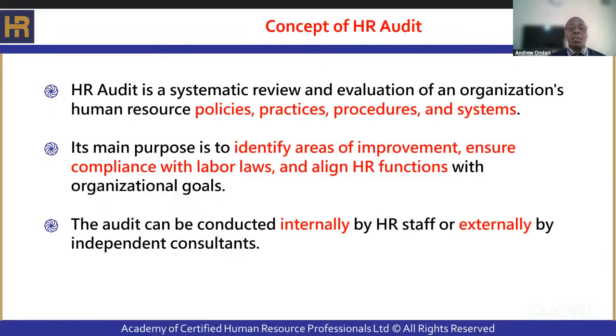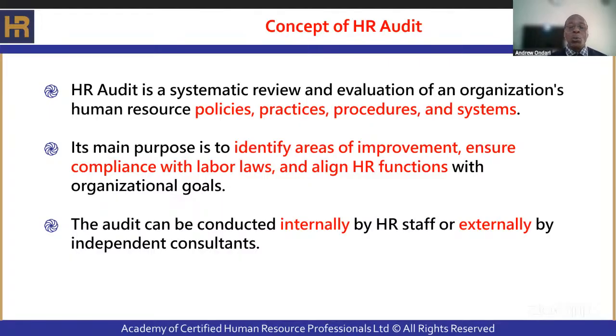Usually strategies are formulated at the top, and then they are cascaded downwards to departmental levels. For example, if the strategy of an organization is to reduce operational costs by 20%, we should find out whether the HR department is able to achieve the 20% cost reduction within the given time.